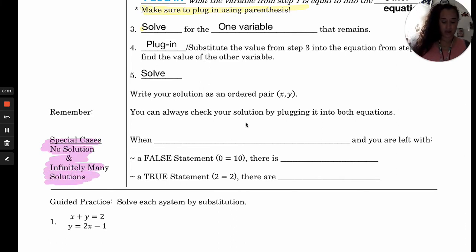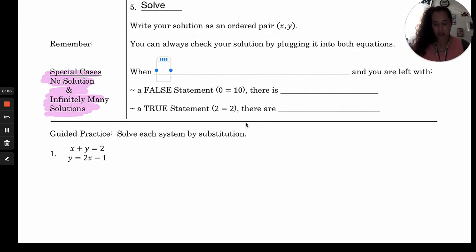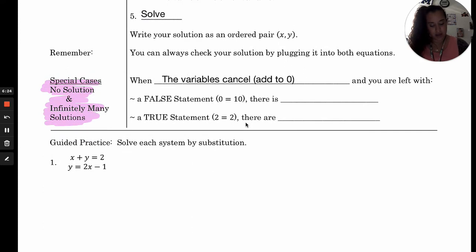When the variables cancel, or when they add to 0, and you're left with, this is the key, either a false statement, like 0 equals 10, or a true statement, like 2 equals 2.